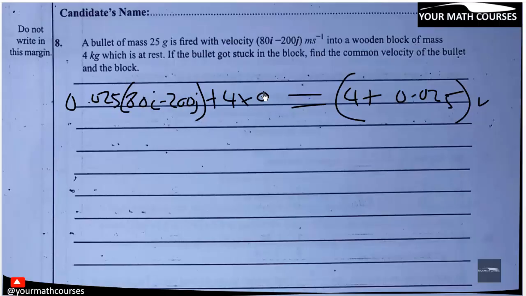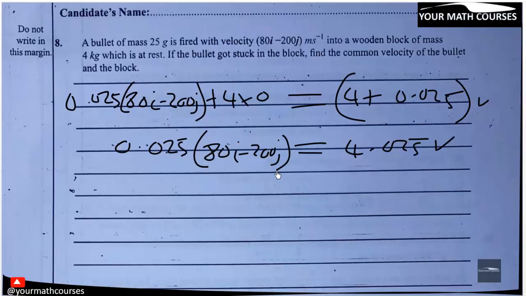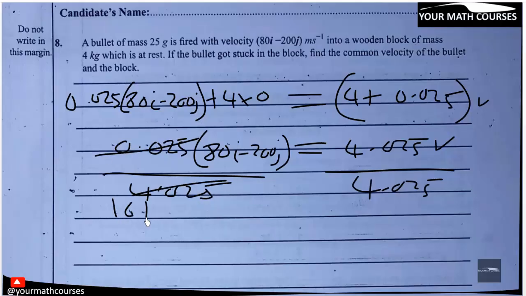So this will give us 4.025v is equal to 0.025 times 80i minus 200j. So dividing both sides by 4.025, this will go here 161 times.